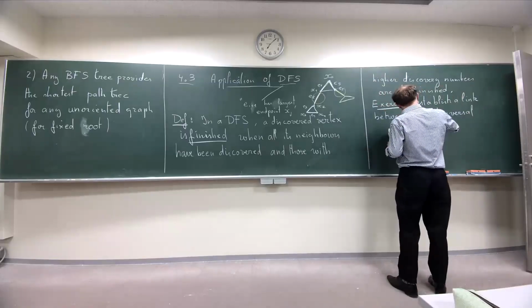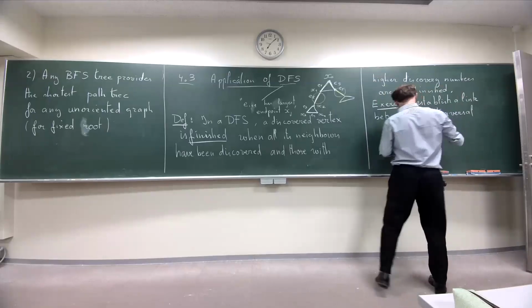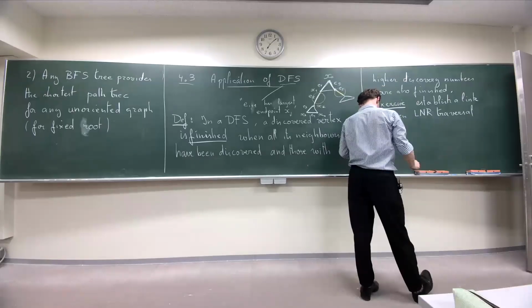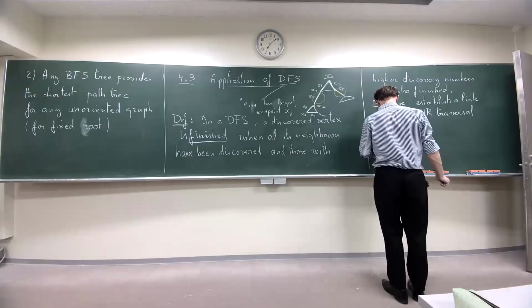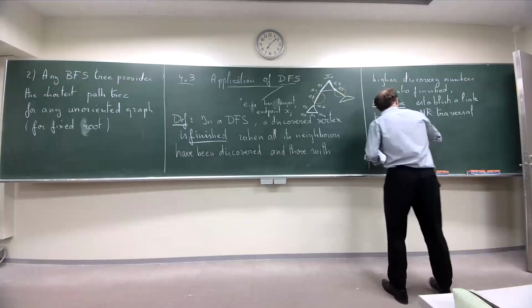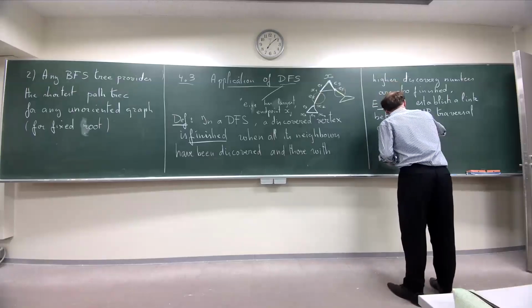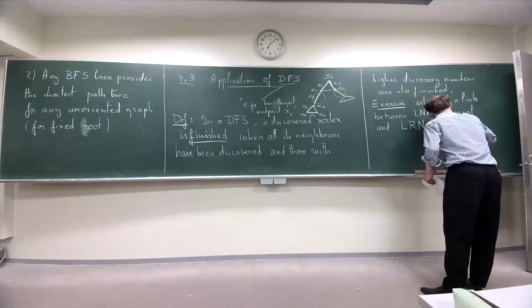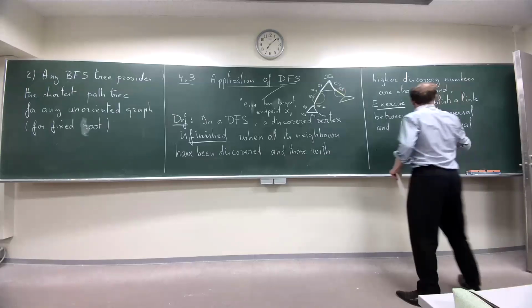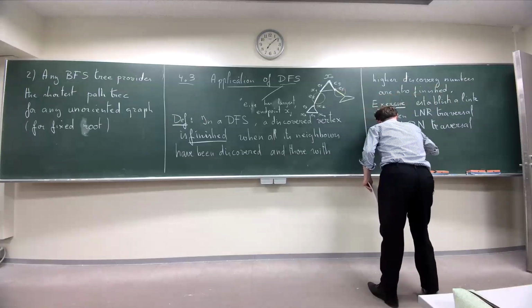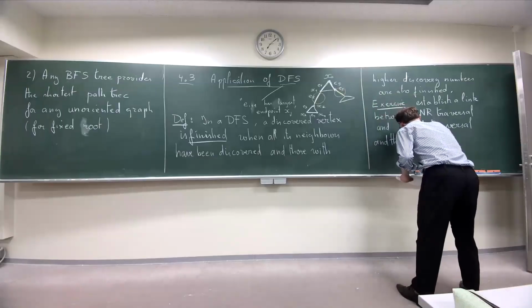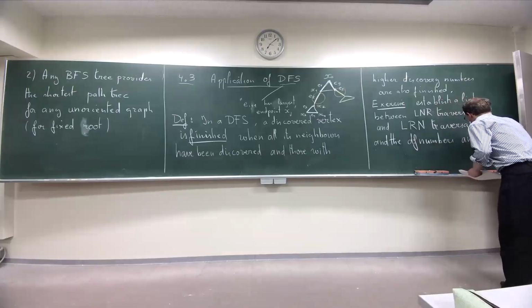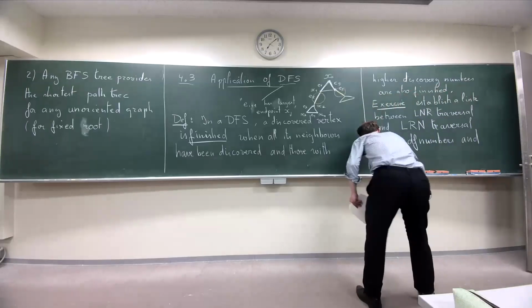It is LNR traversal, and also the other one, LRN traversal, and the notion of the DF numbers. I will explain. This sentence is too complicated.